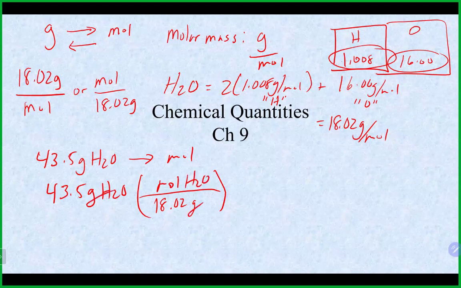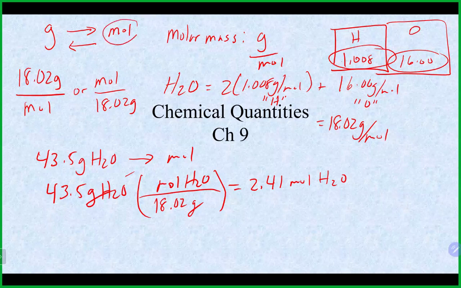Grams will cancel, and in this case, we get 43.5 divided by 18.02, something like 2.41 moles of water. We also very commonly do this as really our first step in the stoichiometry problems we're going to do.